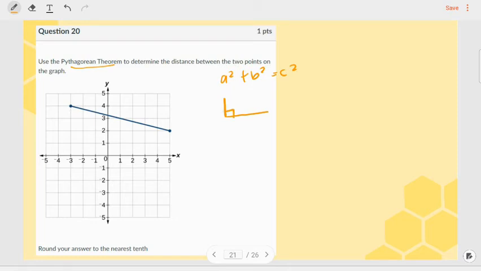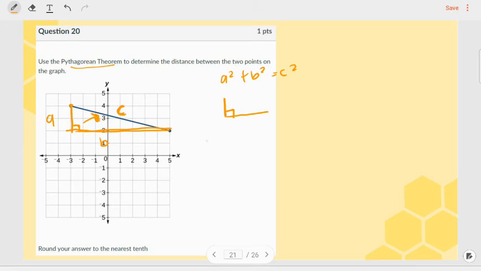So from one of my dots, I'm going to draw a line straight down or straight up. And I'm going to draw a horizontal line, connecting that in, and I can see that I have a right angle right here. Now my shortest side is A, my second longest side is B, and my longest side is C. Your C is always going to be the slant across from the right angle.